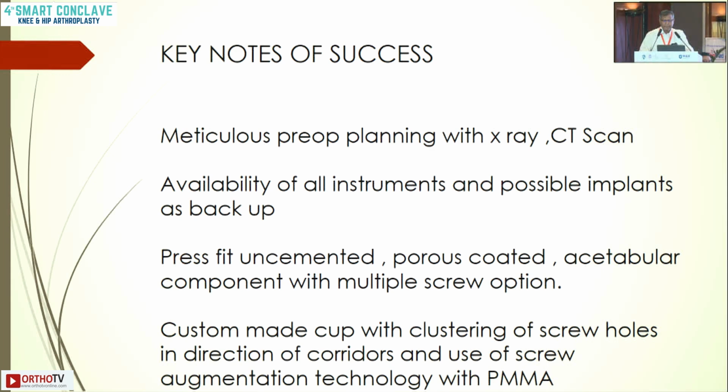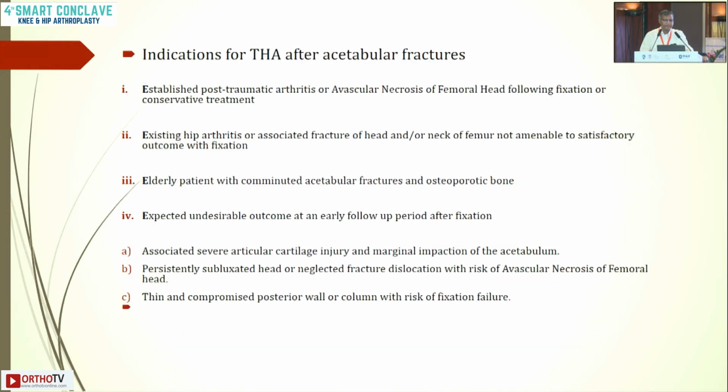So meticulous pre-op planning with X-ray, CT scan, availability of all instruments and possible implants as backup, a press-fit, uncemented, porous-coated acetabular component with multiple screw fixation, a custom-made cup with clustering of screw holes in the direction of the corridor, and use of screw augmentation technology with polymethyl methacrylate is suitable for such cases.